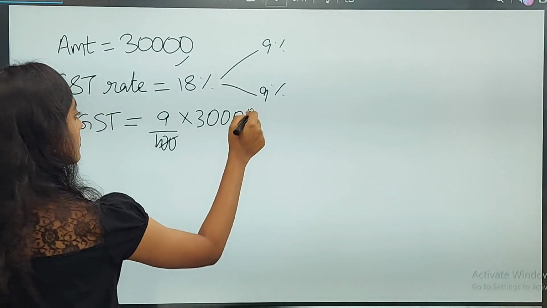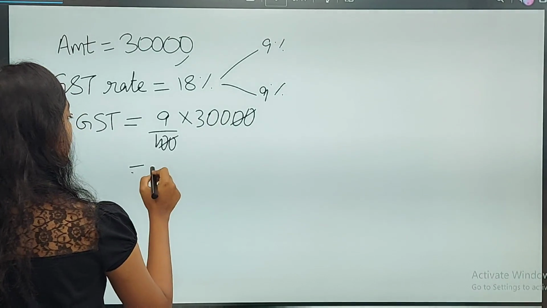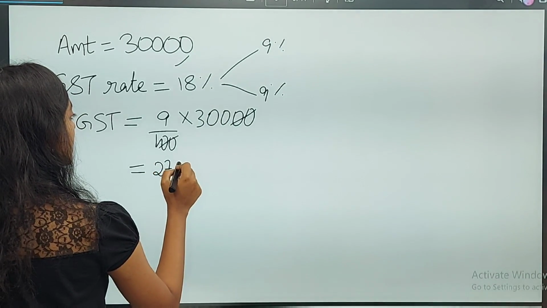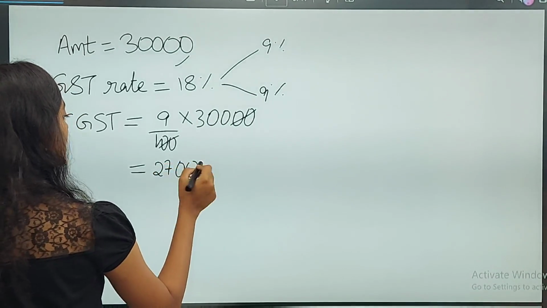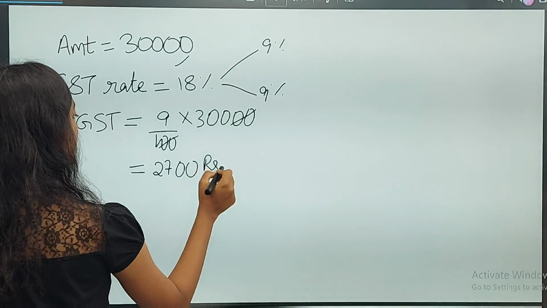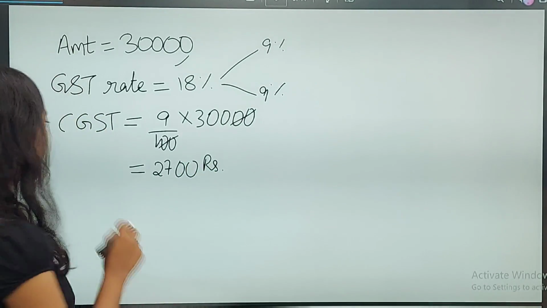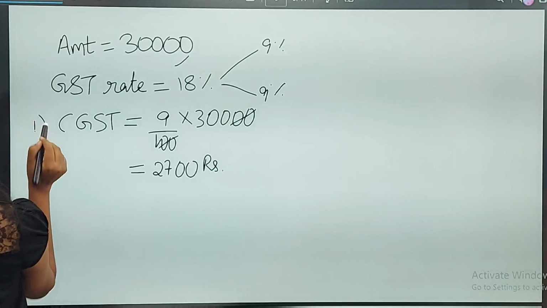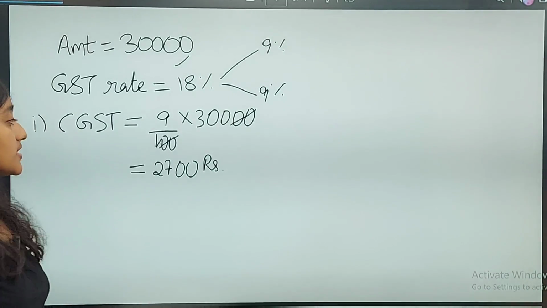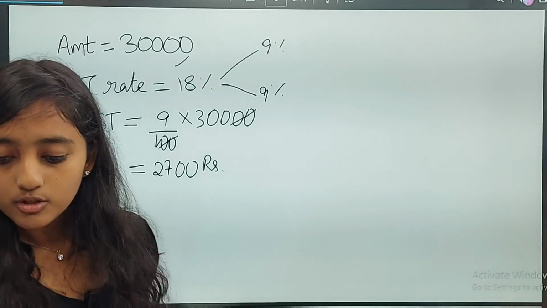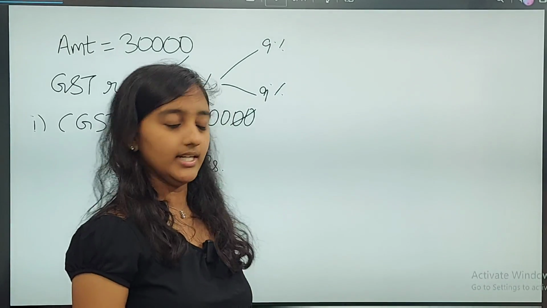So 2 0 here, 2 0 here, which is 9 3s are 27, 0 0. So 2,700 rupees. This is the answer to my first bit, right? So the CGST is nothing but 2,700 rupees.